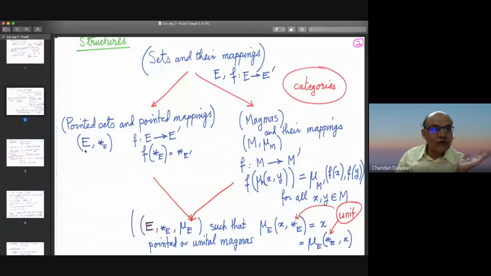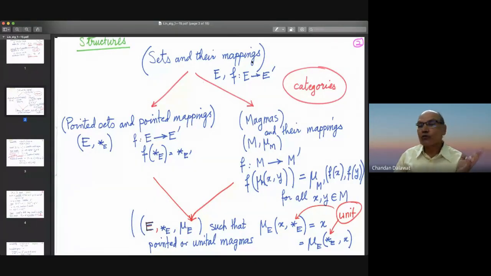So it can be thought of as pairs, E comma star, where star is an element of E. And if you have two pointed sets, E and E prime, and their special elements are star E and star E prime, then a mapping from E to E prime will be called a pointed mapping if it takes the special point of E to the special point of E prime. If f of star E is equal to star E prime, right? So that's a very simple concept.